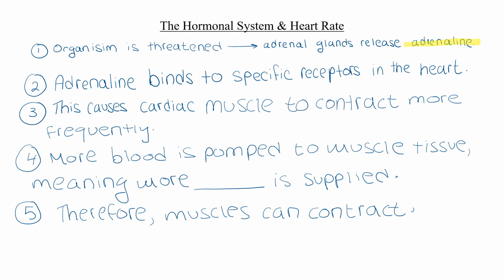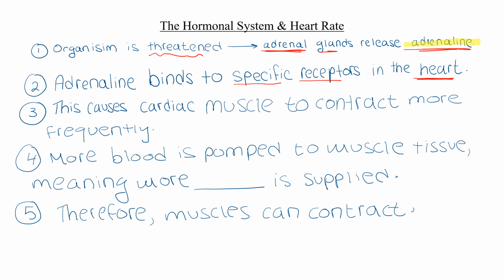So the hormonal system and heart rate. When an organism is threatened, the adrenal glands release adrenaline. Adrenaline is a hormone. The adrenaline binds to specific receptors in the heart. These receptors are found on the cells.